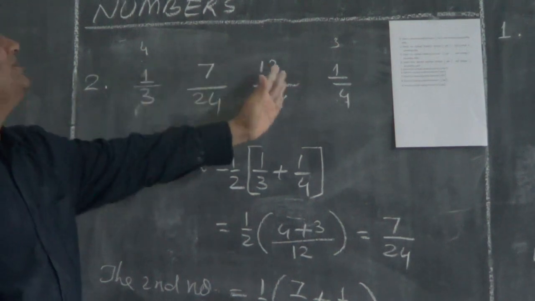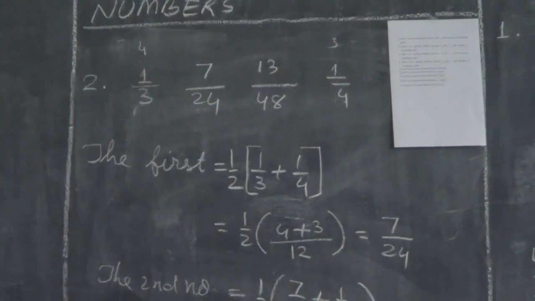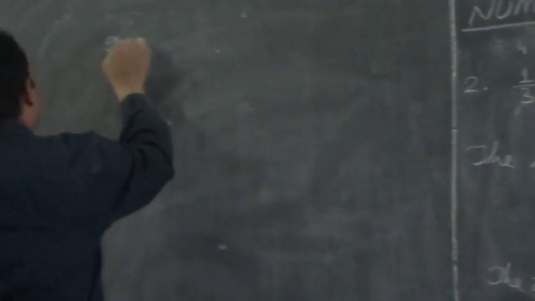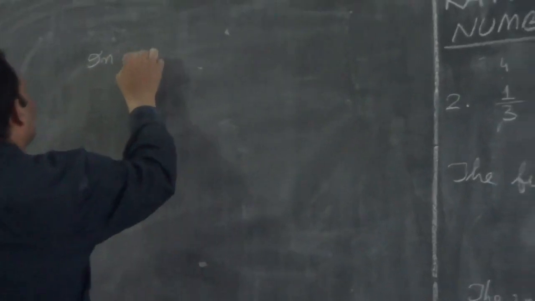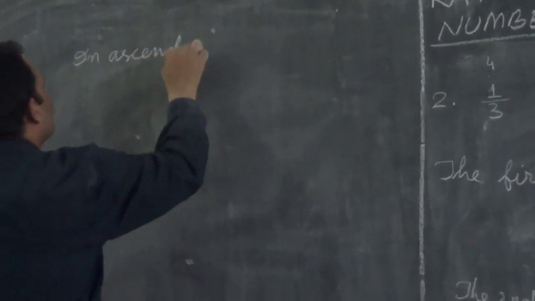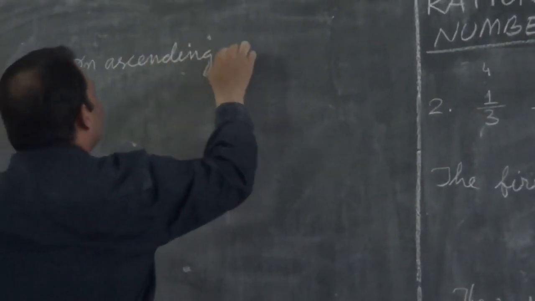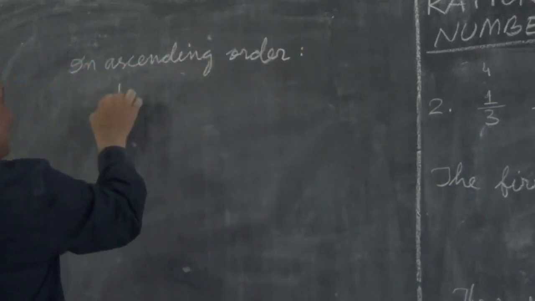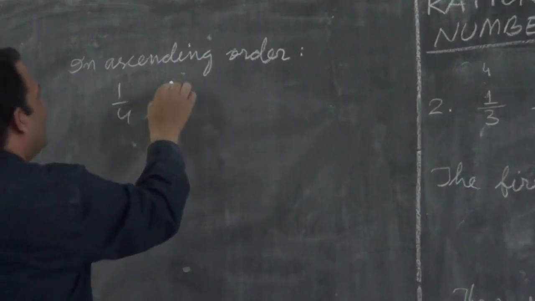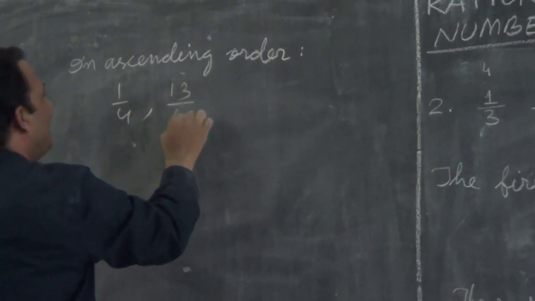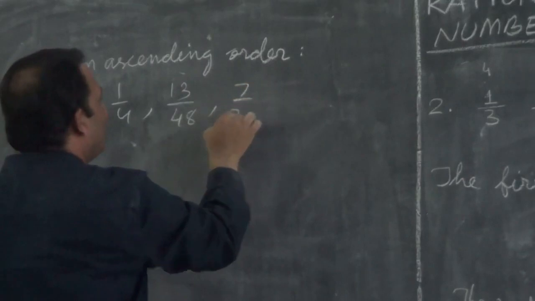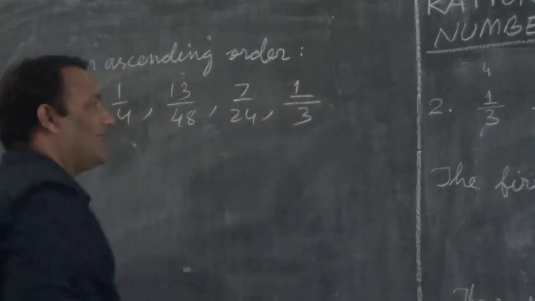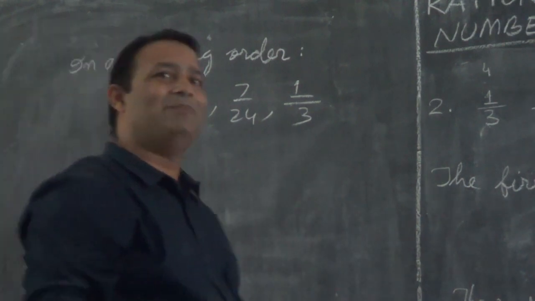You have to arrange it in ascending order. What to do? First you write 1 by 4, then you write 13 by 48, then you write 7 by 24, then you write 1 by 3. So your second number is also completed.